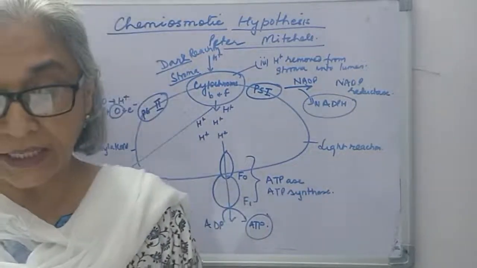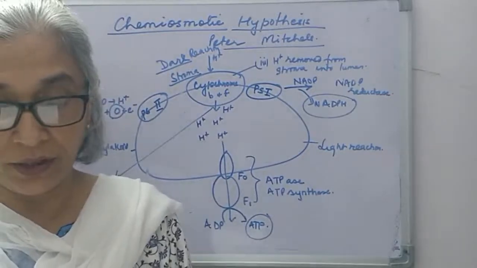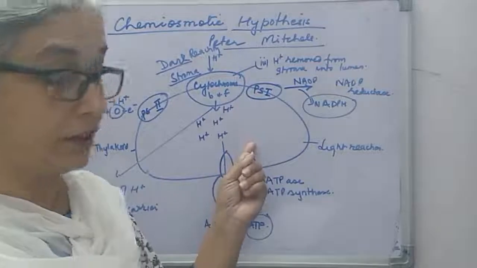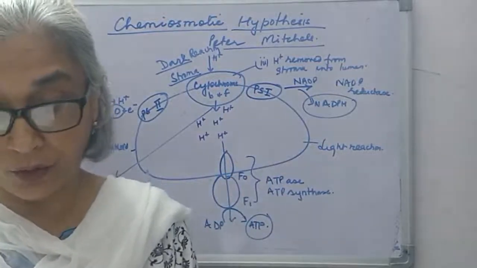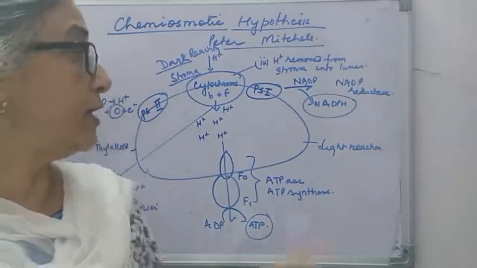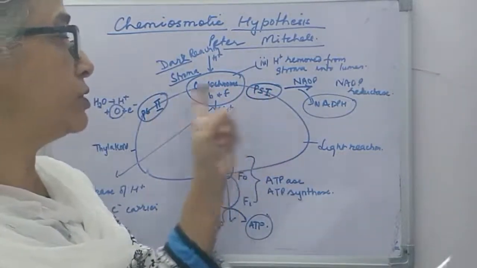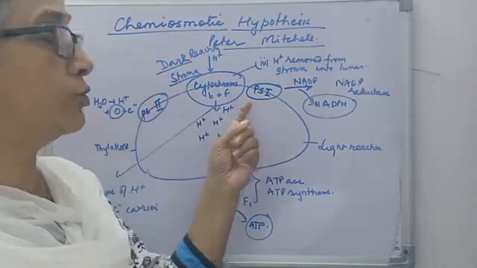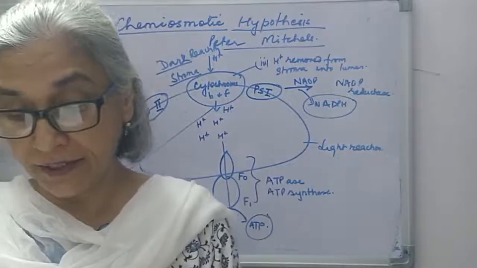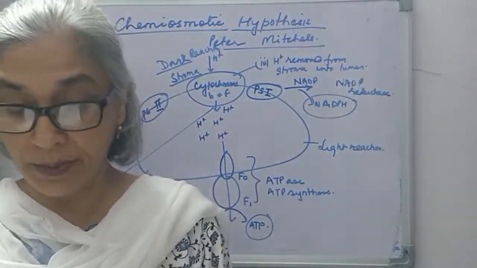The process takes place on the inner side of the membrane of thylakoid, because protons produced are released within the lumen of the thylakoid. As electrons move through the photosystems, as we have seen how electrons move between photosystem 2 and photosystem 1, protons are transported across the membrane.